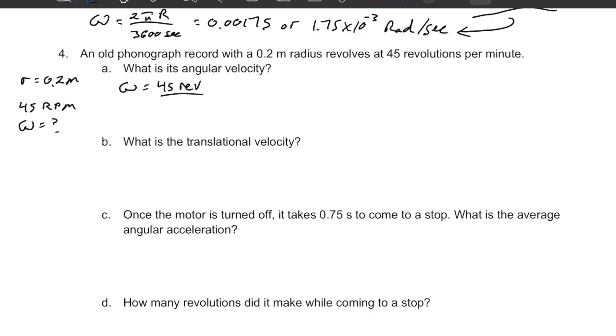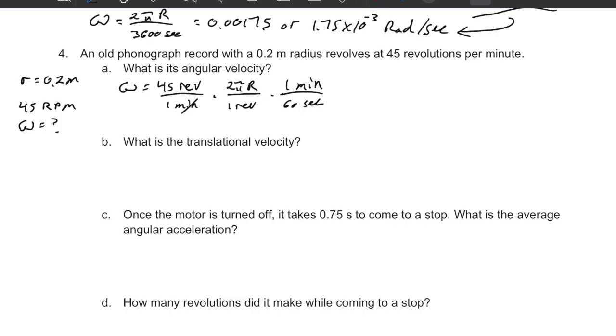45 revolutions per 1 minute. We know that 2 pi radians is the same as 1 revolution. If we put revolution on the bottom on the next fraction, they'll cancel out because revolution is on the top on the previous fraction. That gets us into radians, but we still have those pesky minutes, so we need to put 1 minute on top, 60 seconds on the bottom, so that now minutes cancel out.